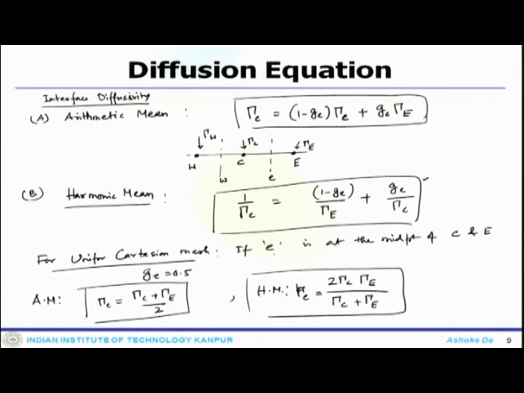So, the message here is that essentially the harmonic mean has some sort of an advantage over the arithmetic mean. Now, once you look at the applicability, all this interface diffusivity calculation will be important once you have some non-homogeneity in the diffusivity along the elements.